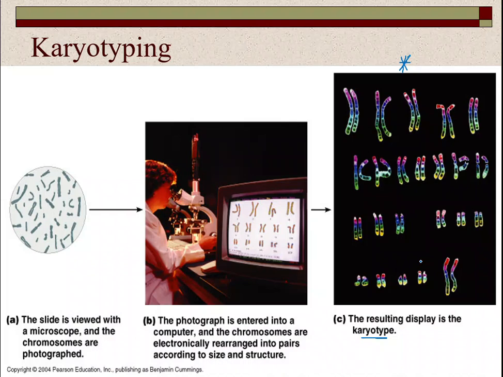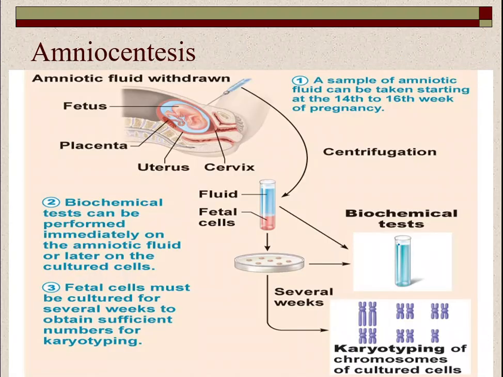So if a mother wants to check and see if her child, her fetus, will have Down syndrome, they will actually take samples of the fetal cells and use them for karyotyping to determine if there are missing, extra, or mutated chromosomes.